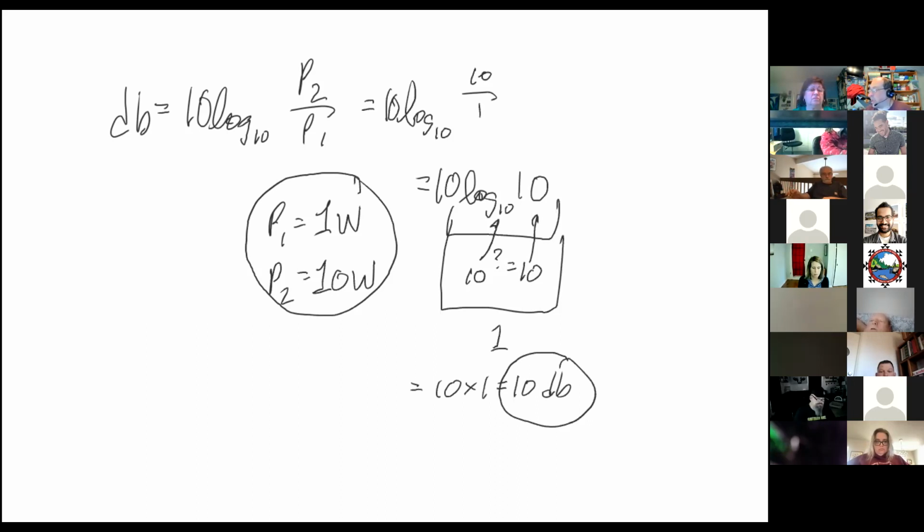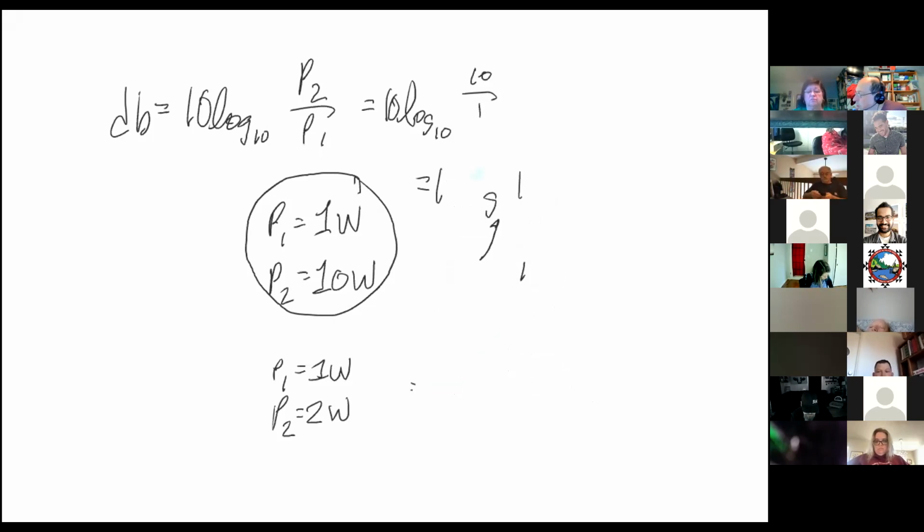The other one is that, let's say that I double something. So my power to begin with is 1 watt, and my ending power is 2 watts. I just doubled it. So we're going to use the same equation, but now we're going to end up with something that looks a little bit different.